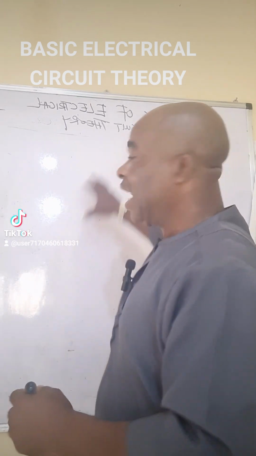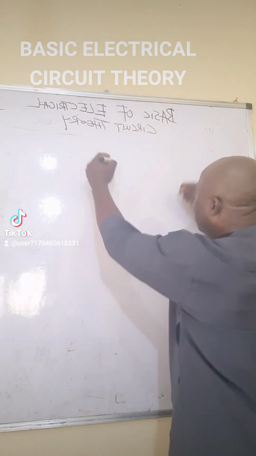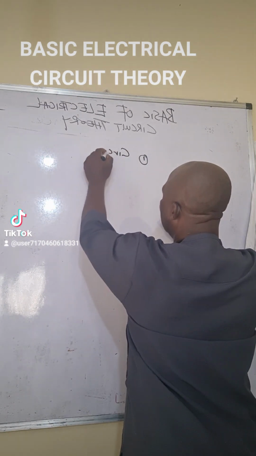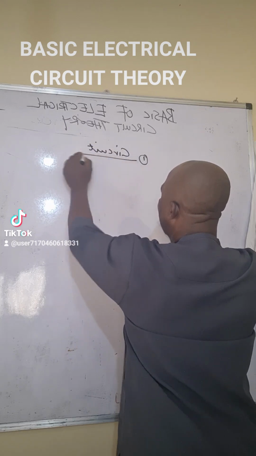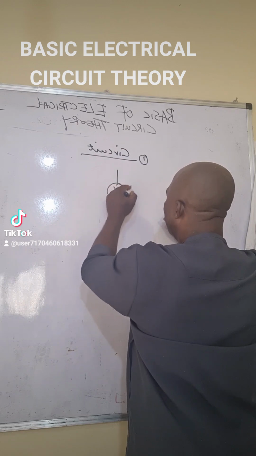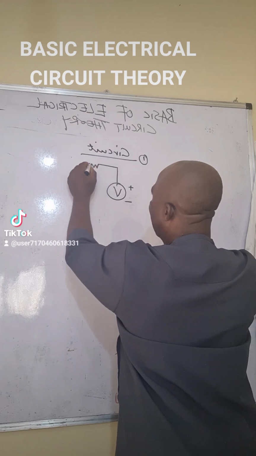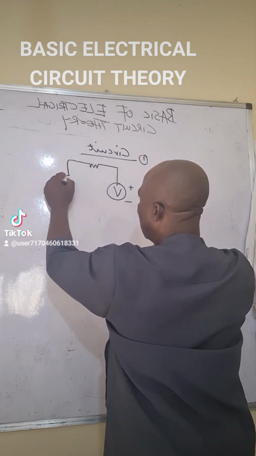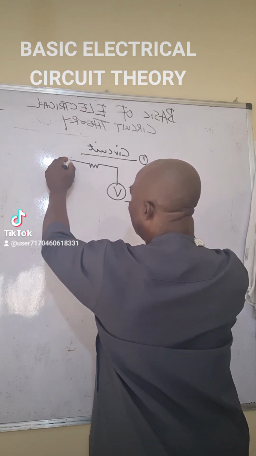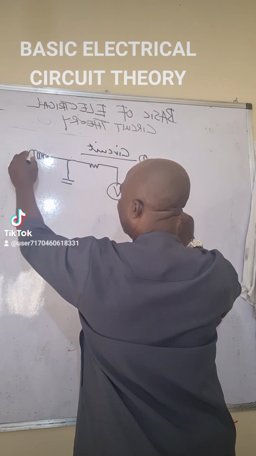Now let's have an example of what a circuit is. From this illustration, we have one circuit. This is our voltage source. Then we have our resistor here, the capacitor here, and the inductor here.